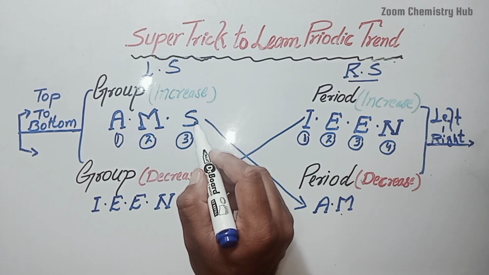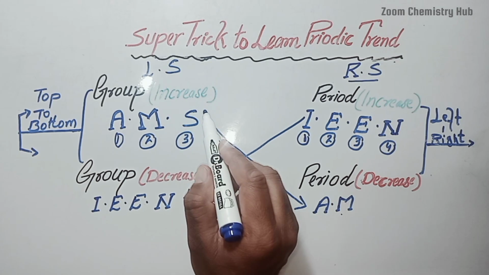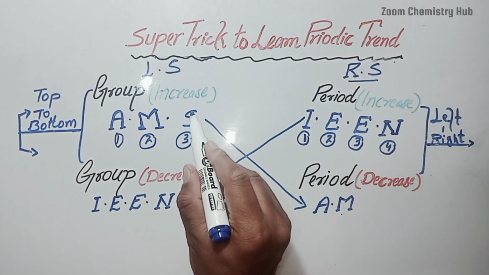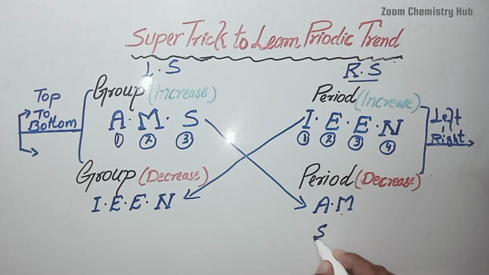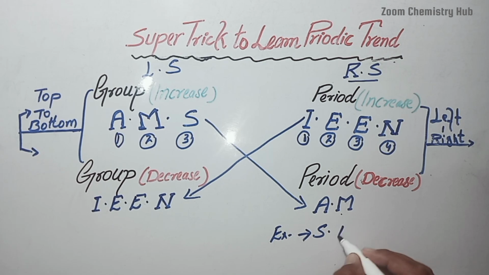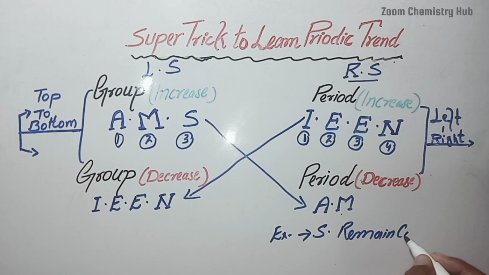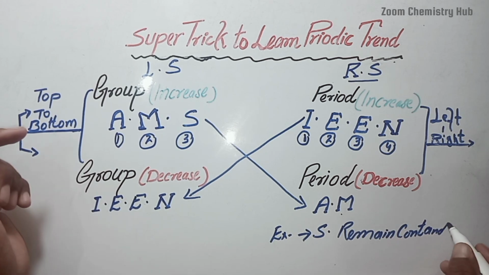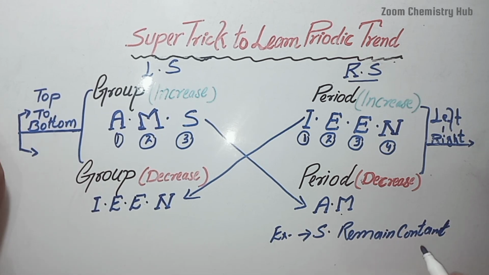Similarly, shielding effect increases in the group, and here is the only exception, that is the shielding effect remains constant in the period.